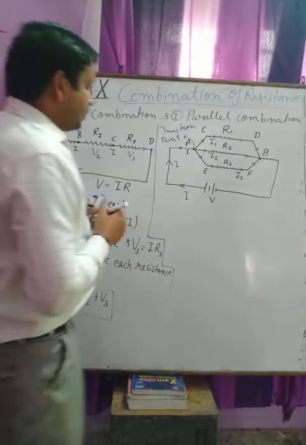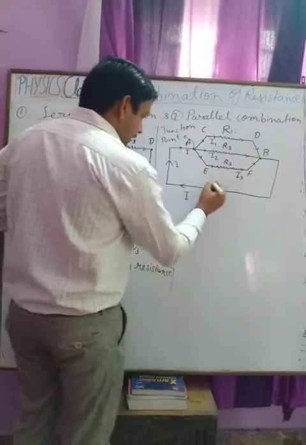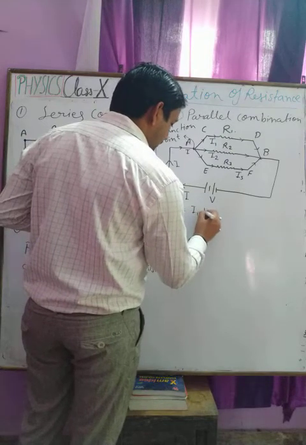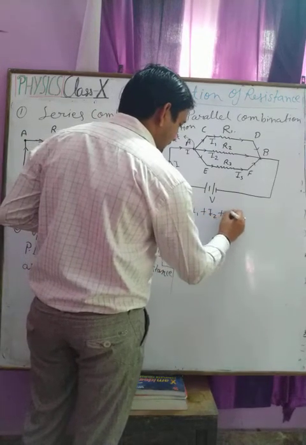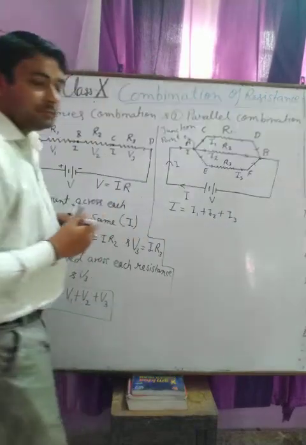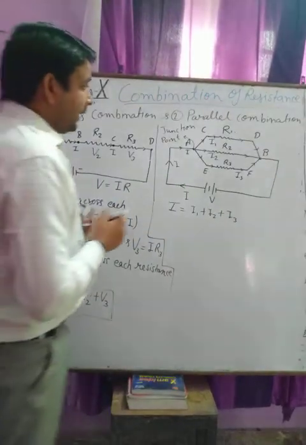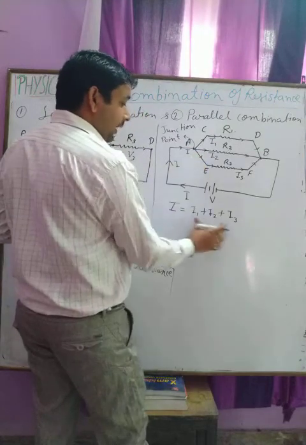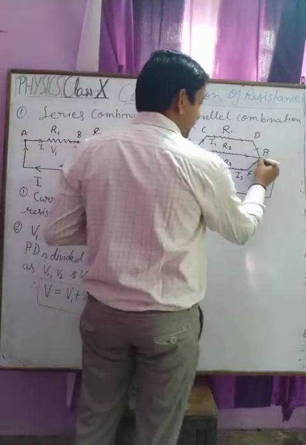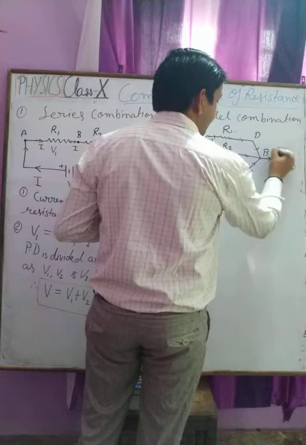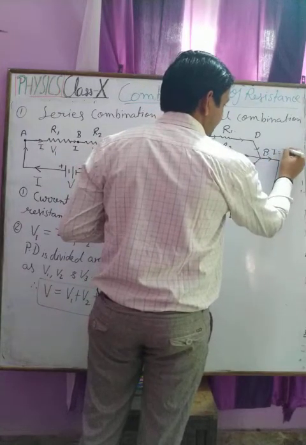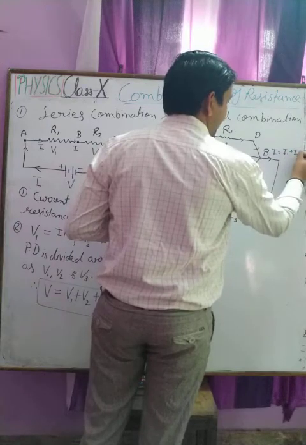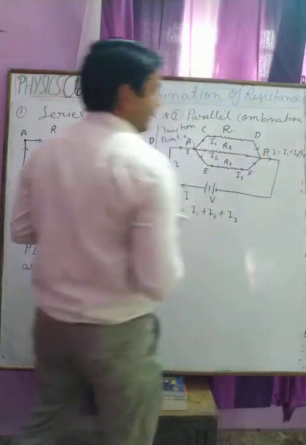Okay, now student, what is I? The answer is I is divided into I1 plus I2 plus I3. Clear? At point A it is divided in this form, but at point B it becomes I again, with the sum of the three parts.